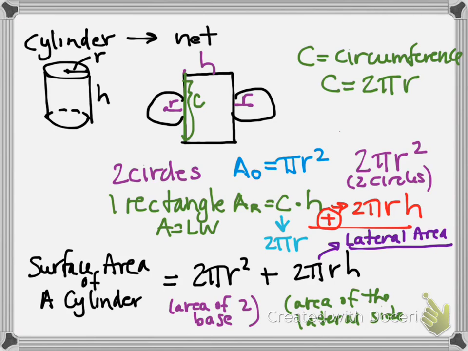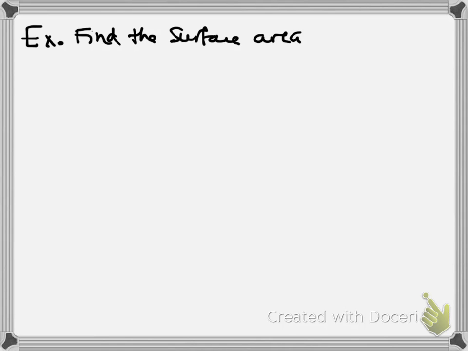So we've got a couple of examples we want to do. Directions: find the surface area of the cylinder, round to the nearest tenth.